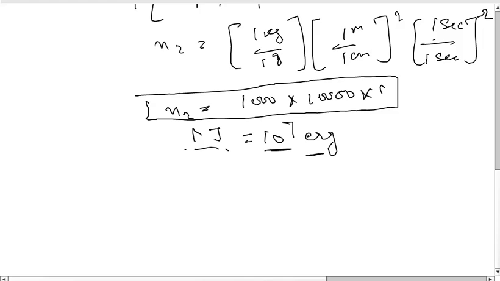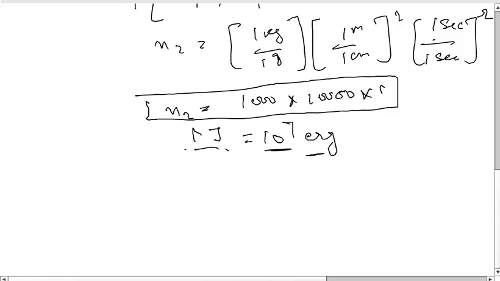Also, correctness of an equation can be checked by dimension formula, but only dimensional correctness, not the overall correctness. For example, v is equal to u plus at. We check the dimensions, so we can check the dimensional correctness, but not overall. What do we mean by not overall?